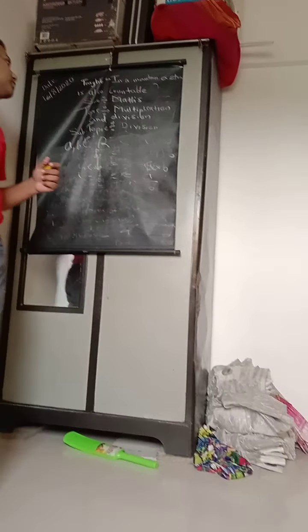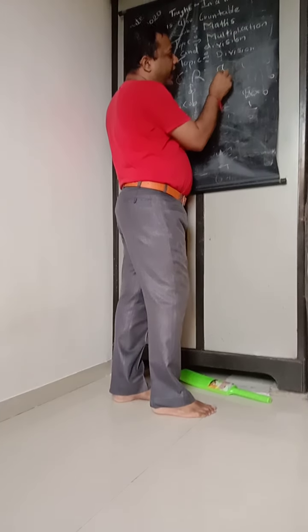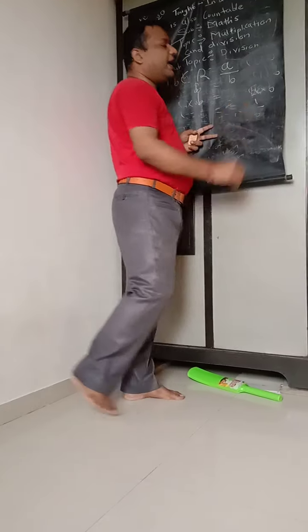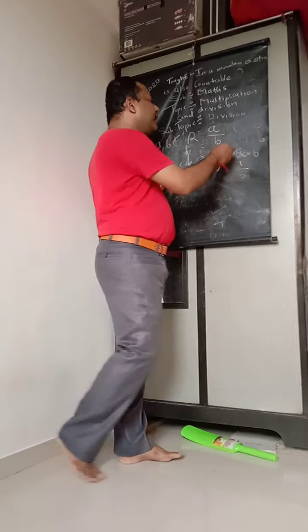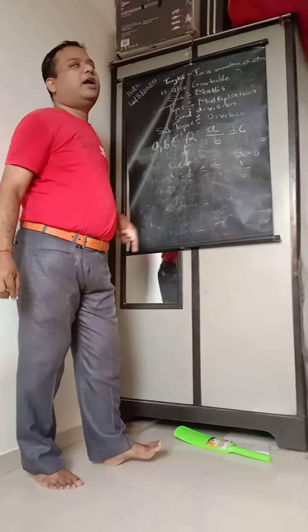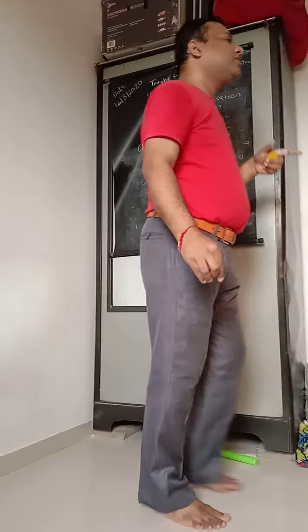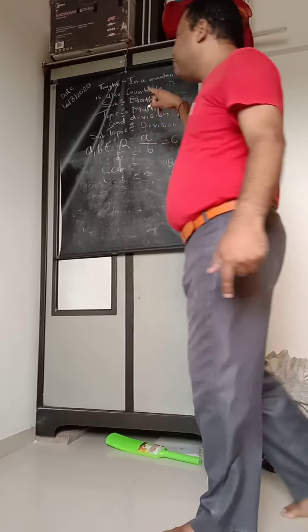When a and b belong to R, we say that the function becomes a by b, and a by b gives a product c. This is called a division. What is a division? Where a and b belong to a real number.